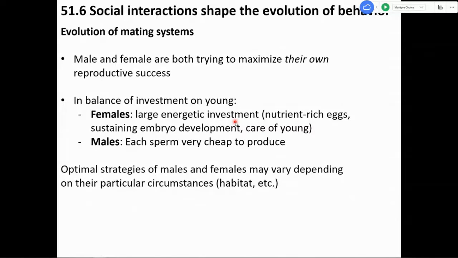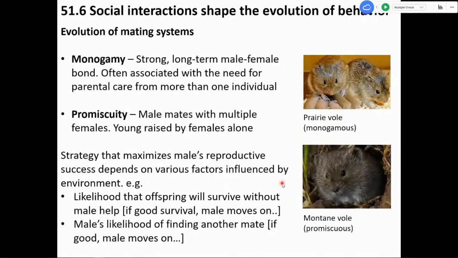So in that case, the female's reproductive investment to the future generation is a lot of it invested in that one egg, whereas the male could, if he wanted to, fertilize lots and lots of eggs, right? So the optimal strategies of males and females may vary depending upon the circumstances or environment in which they live, and that can adjust their behavior.